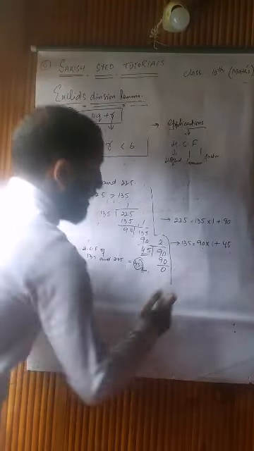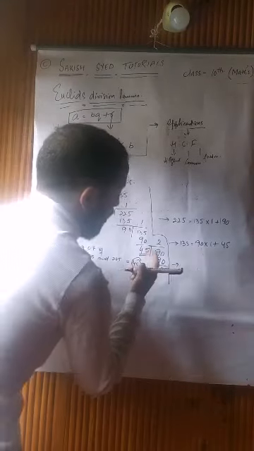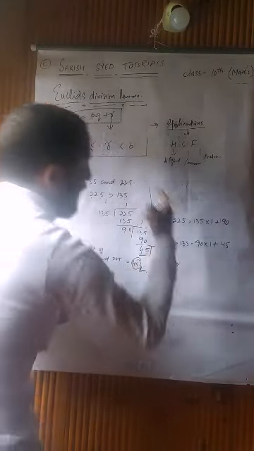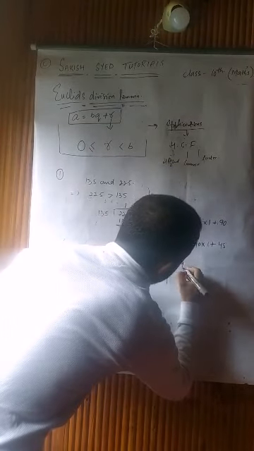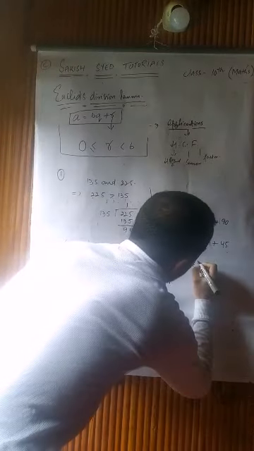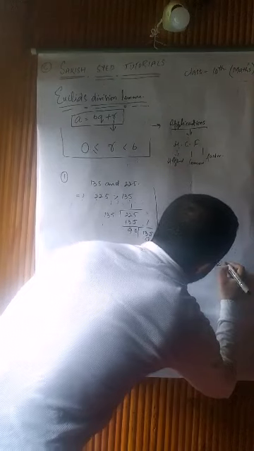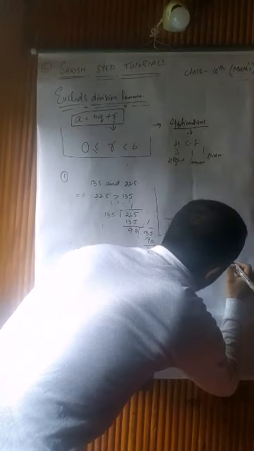This is the second step. Now the third step, where I got the remainder 0. The dividend is 90, so 90 is equal to the divisor 45 into the coefficient 2 plus the remainder 0.